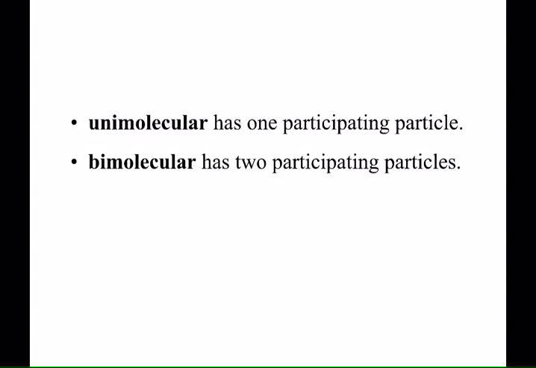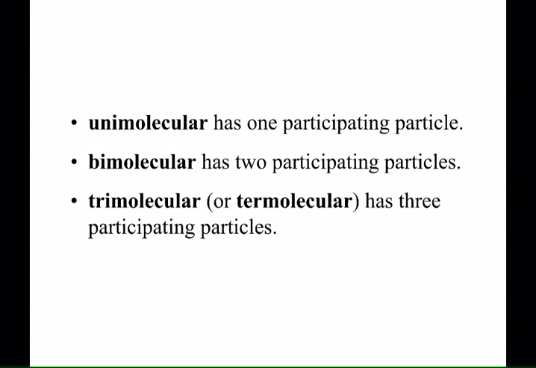Again, these are molecularity terms applying only to elementary steps. Ter or tri, I think we'd go with ter. Termolecular means that you have three particles on the reactant side proceeding to form product for an elementary step, part of an overall mechanism.